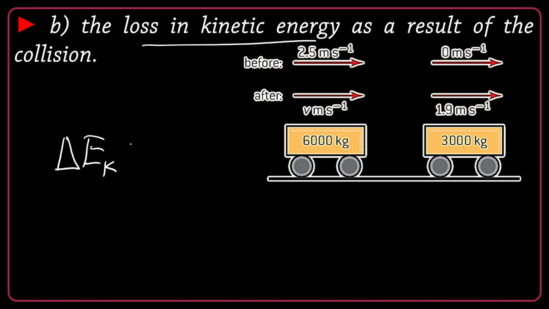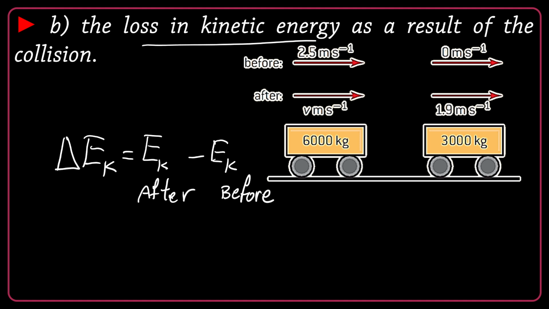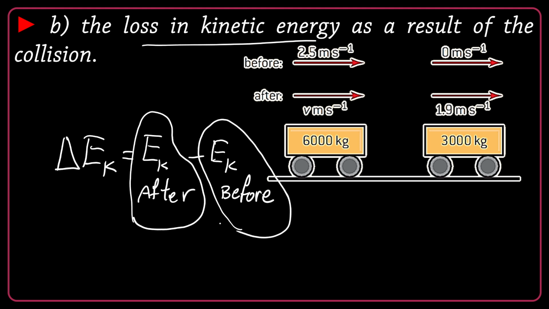What do I mean? Delta EK is the EK after minus EK before. EK after means the total kinetic energy of the system after the collision, and EK before is the total kinetic energy before the collision.